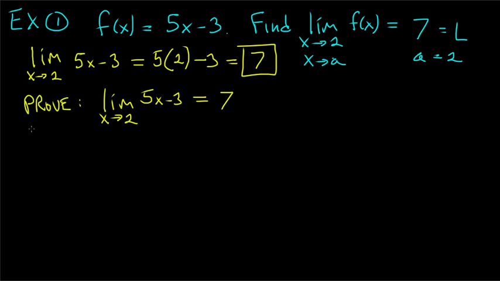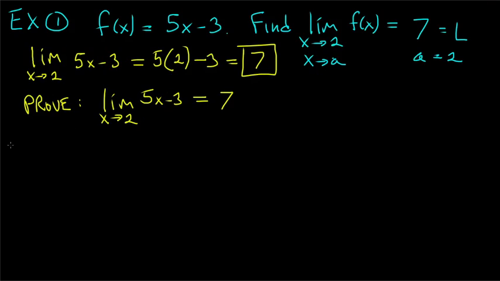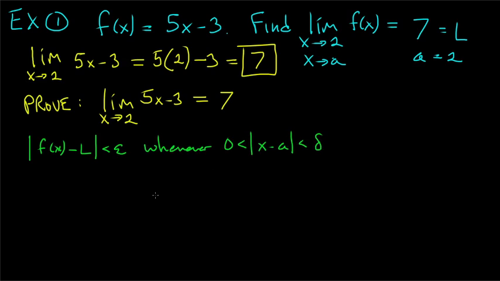What we need to show, and here it is again, that the absolute value of f of x minus L is less than epsilon whenever 0 is less than the absolute value of x minus a, which is less than delta. Okay, so let's plug in what we know now.